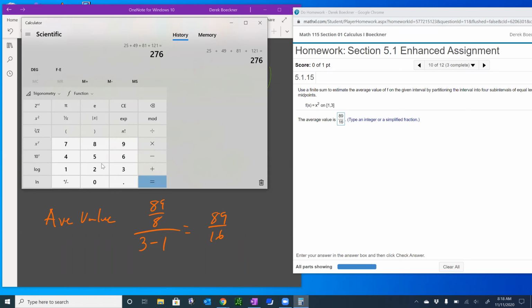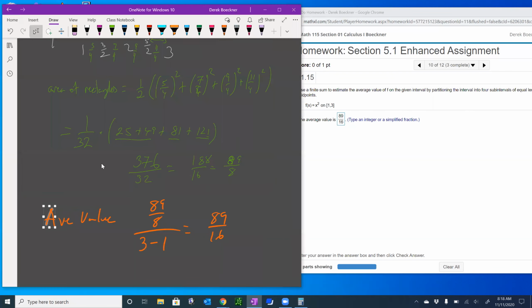Okay. And so that makes this 138 over 16, which is 69 over 8.